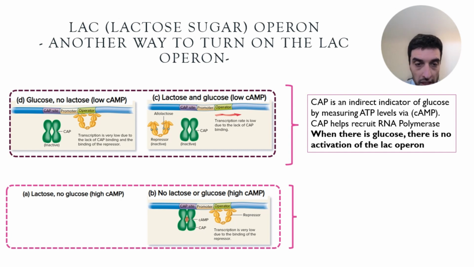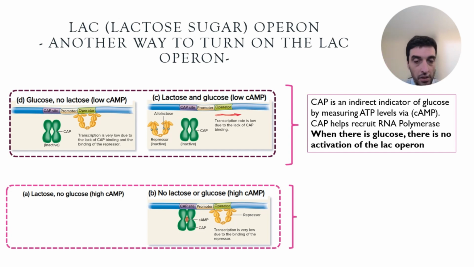So for example, here I have glucose and I don't have lactose, so the CAP is not going to be connecting anywhere, and we have the process that we already explained, so the gene is going to be repressed. And if there is lactose and glucose, the CAP also is not going to be connecting here because there is still glucose.